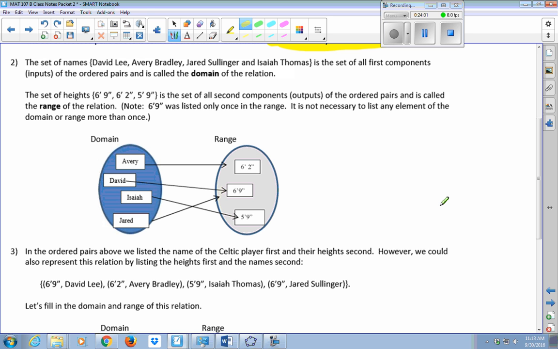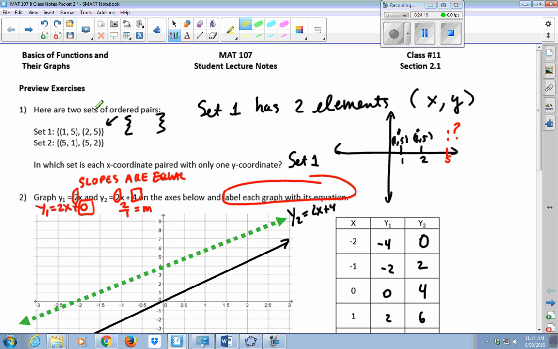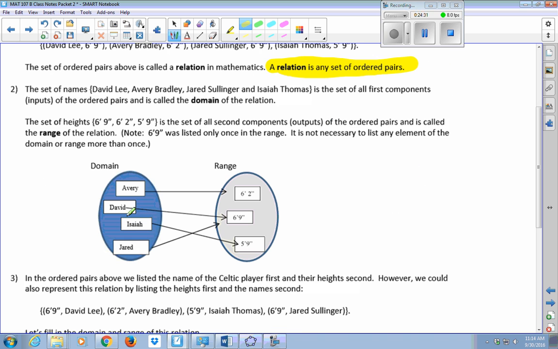And then we would draw this correspondence that we were talking about, that for each person on the Celtics, each of these 4 players, the player's name goes to one and only one height. That goes back to Victor's question in the preview activities when he asked about this language. So now it would be each name of the Boston Celtics is paired with only one height. So we see that here by this line only going to one height.